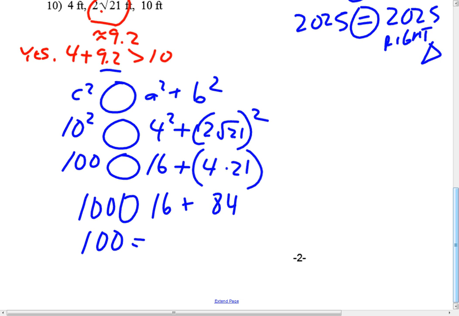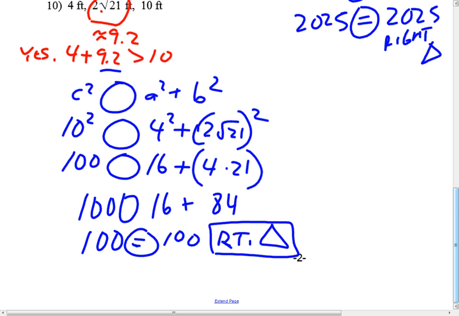And that's equal. And that's a right triangle. Yes? When you do 4 times 21 and 35, do you have to put in parentheses? You don't have to, but. Any questions on those?